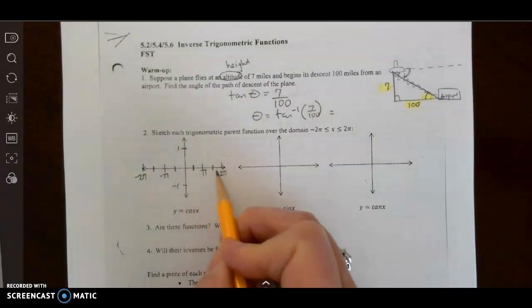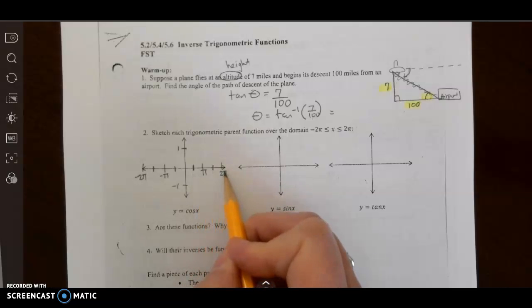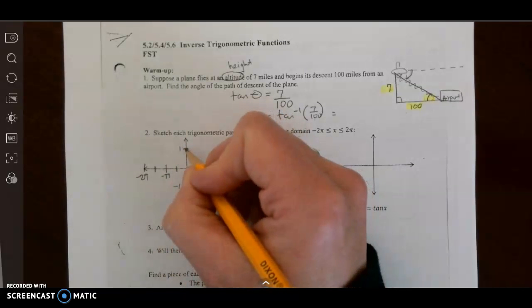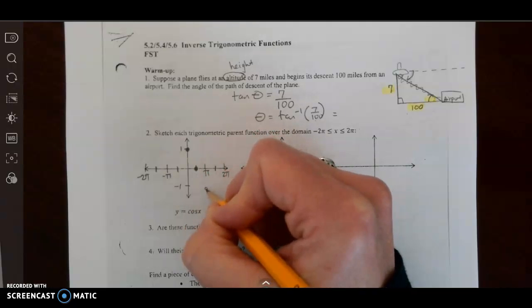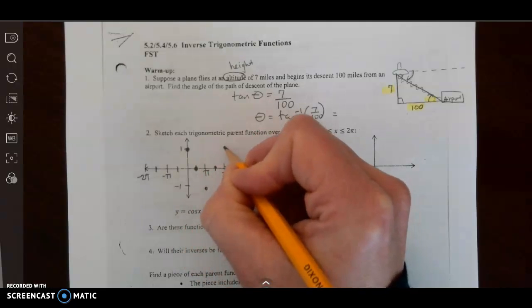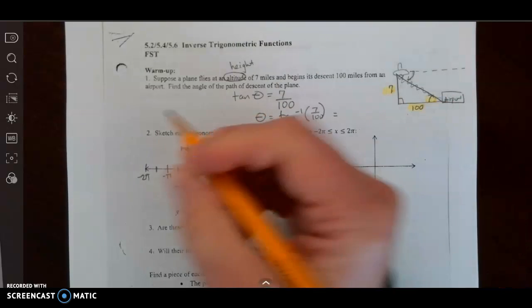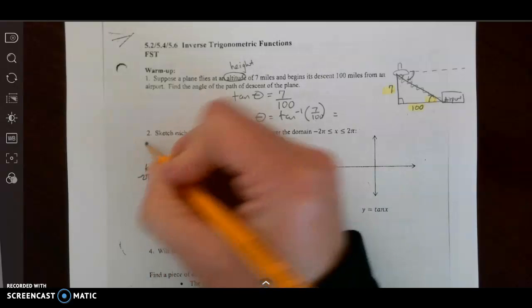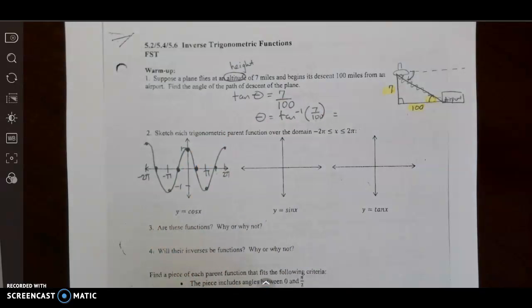This would be pi over 2, and this would be 3 pi over 2, and those are my 4 corners. Same thing here, these are my 4 corners going the other direction. Cosine, I know, starts up, and it forms that U. And there's the other direction. And makes my other U.